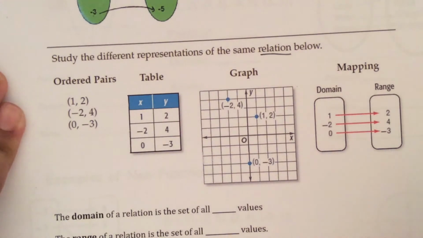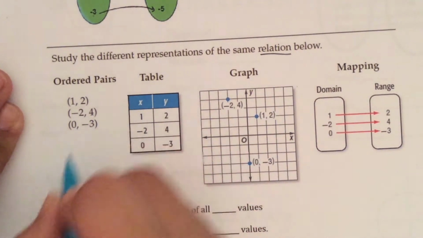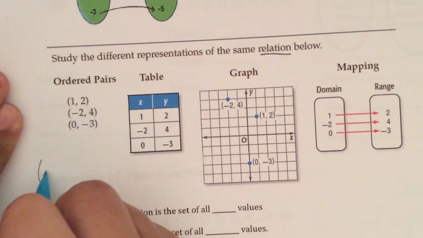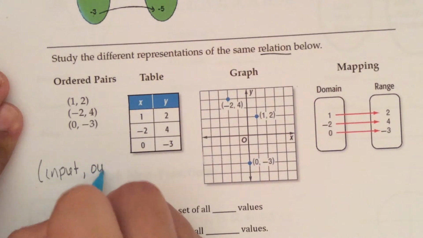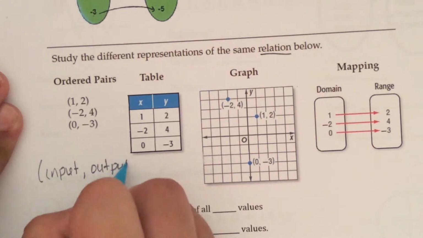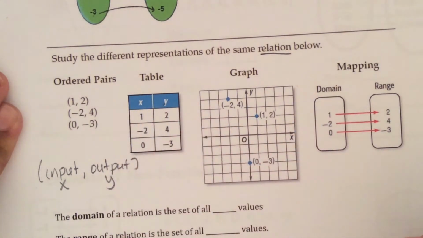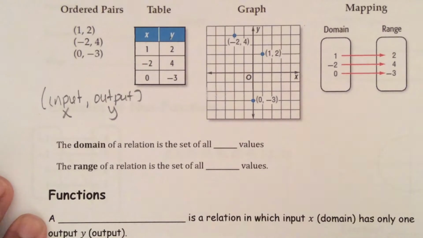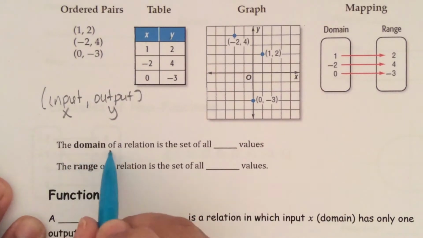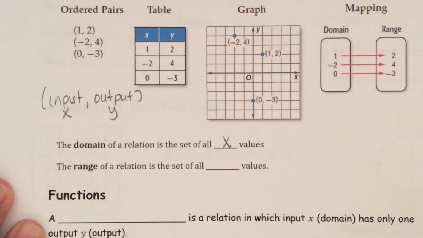And remember that you have inputs and outputs. Always think about inputs and outputs, okay? So in an ordered pair, you have input and then output. So this is your X and this is your Y. So then input and output, okay? So let's take a look at the domain. The domain of a relation is the set of all X values.